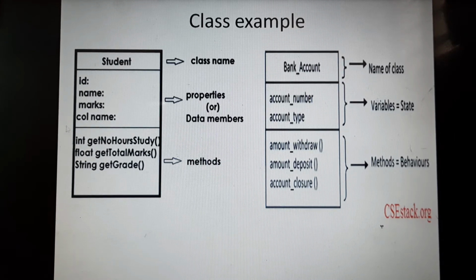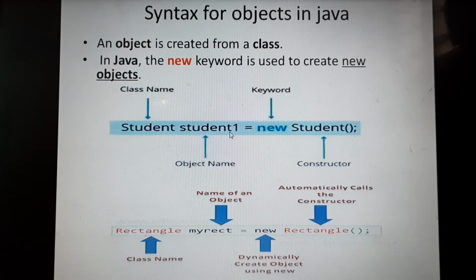Once we define the class Student, we create an object student1. So student1 is the object. We define it as the class name, student1 equals new Student constructor. I will explain later the constructor, which has the same name as the class.